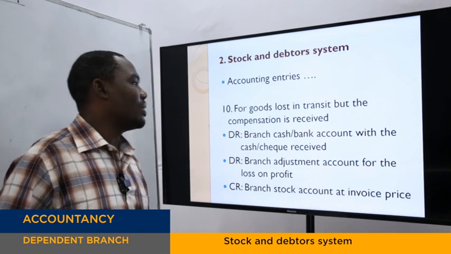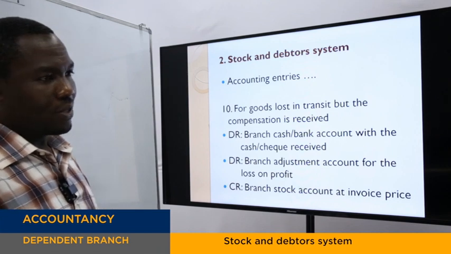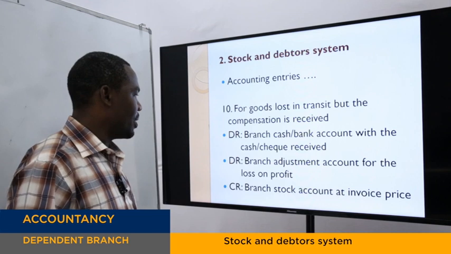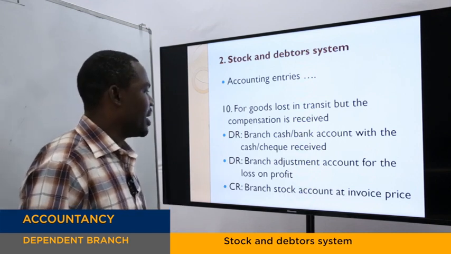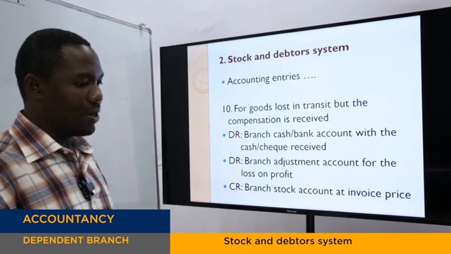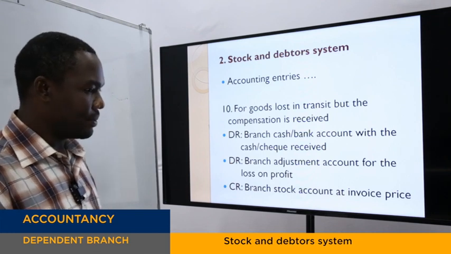For goods lost in transit but compensation is received, if it was insured, then what we do is debit the branch cash or bank account with the cash received, or if it is a check, with the amount received.